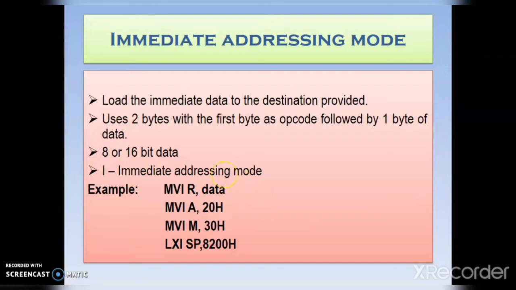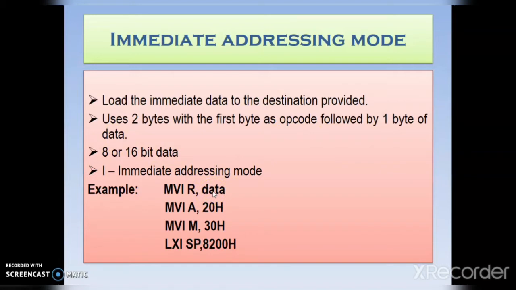In that summary sheet we have different types of instructions, and for every instruction we have the corresponding hexadecimal code. So in this example, for MVI R, data, we have a particular hexadecimal code as the first byte, followed by 1 byte of data.